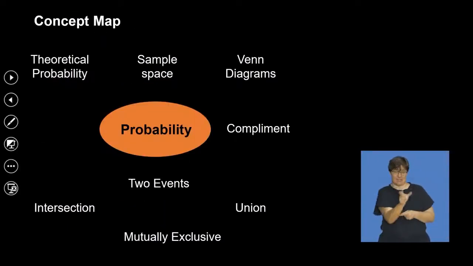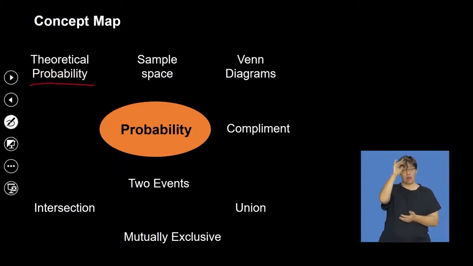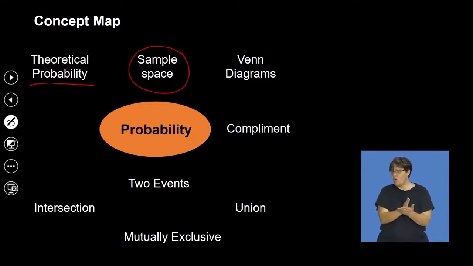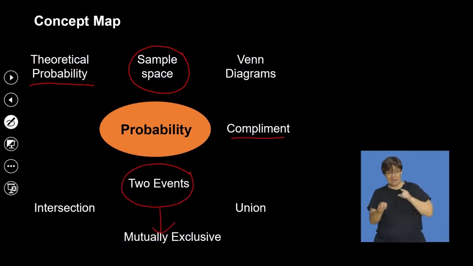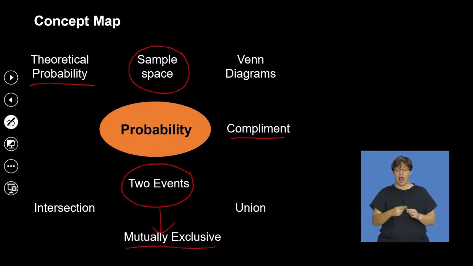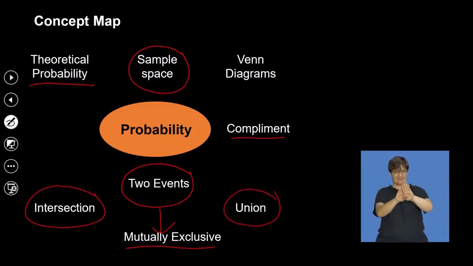So when we talk about theoretical probability, you must know how to define theoretical probability. You need to make sure you know what the sample space and the word complement mean, how to deal with two events, and the difference between mutually exclusive events and events that are not mutually exclusive. Where does the word intersection apply and where does the word union apply? What rules are we going to use?